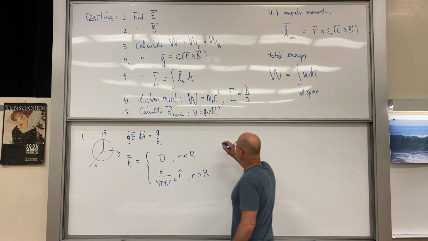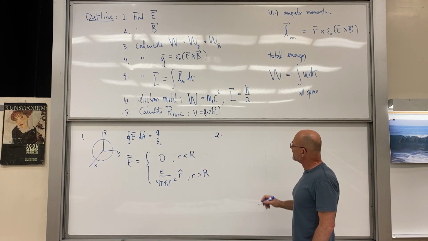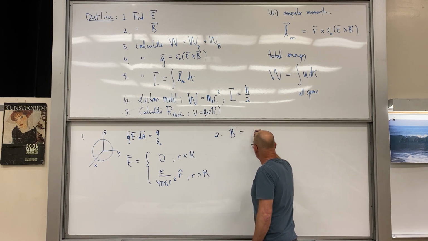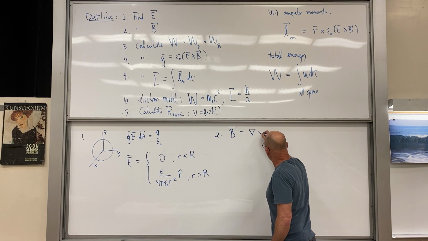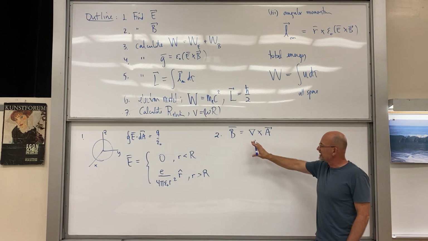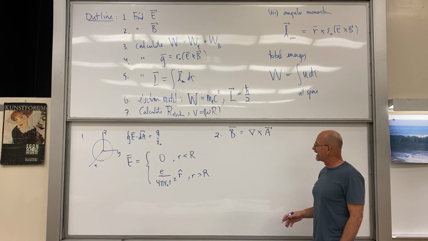So next, we're looking for the magnetic field. Now, the magnetic field is going to come as the curl of a vector potential. And the vector potential is just like the integrals of a scalar potential.